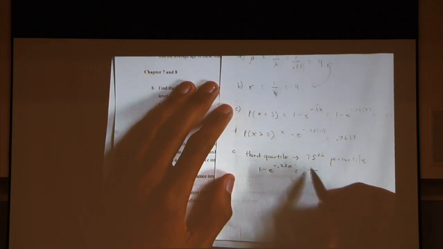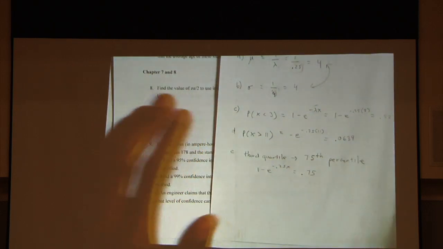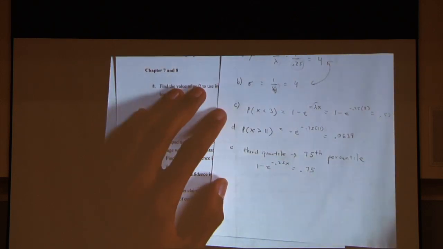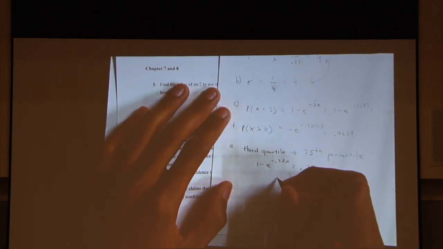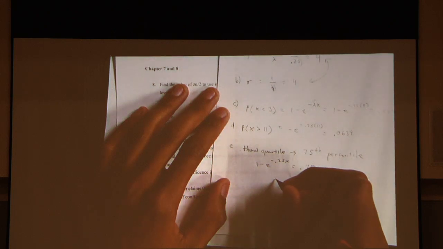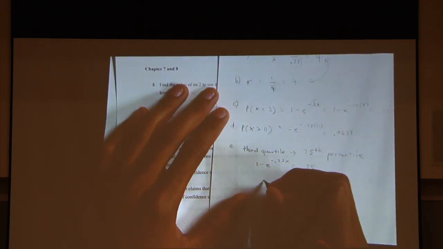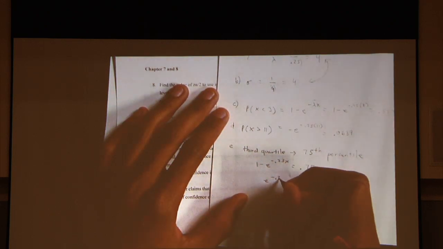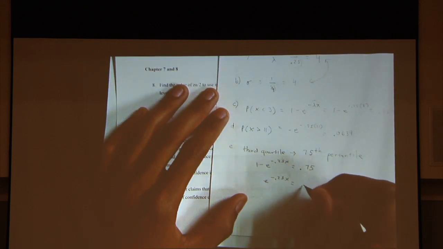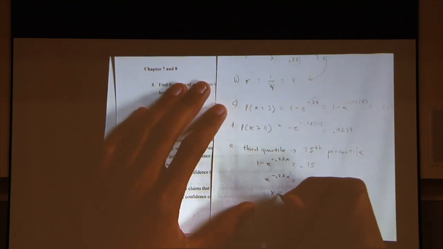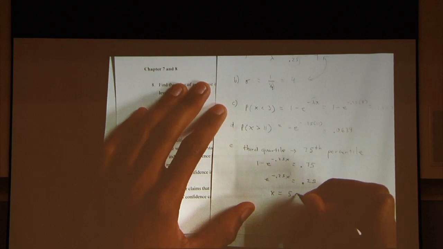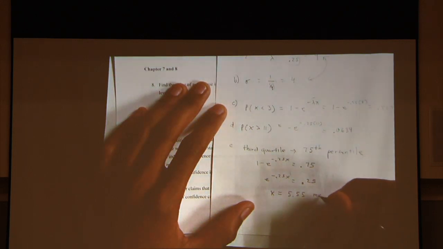So the probability that 75% of it is below that given value. And you'll have e to the negative 0.25x equals 0.25. And then your x ends up being 5.55 microns.